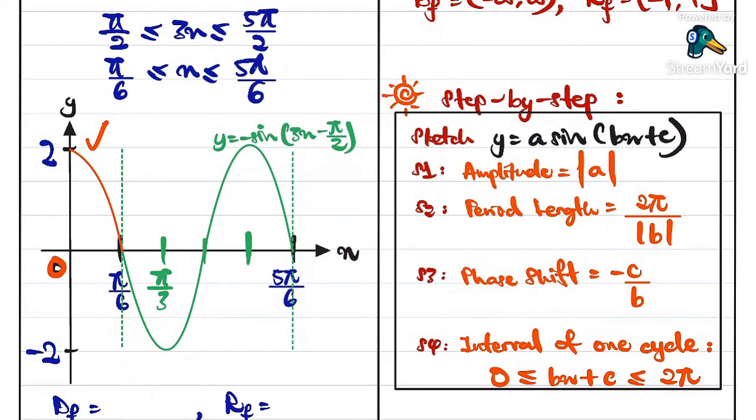And then I add again with another pi over 6. I will get 3 pi over 6, which is pi over 2. And then I add it again with pi over 6. I will get 2 pi over 3, which is 4 over 6 lah.